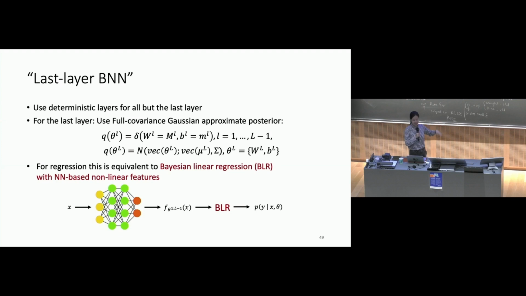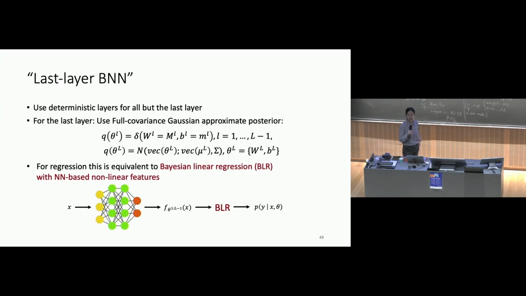And for the last layer, I'm going to use a Gaussian, but instead of diagonal covariance, I'm going to use a full covariance matrix. You can also use a low-rank Gaussian if your last layer is super wide. But usually for classification problems, we can still afford parameterizing the full covariance matrix in the last layer.